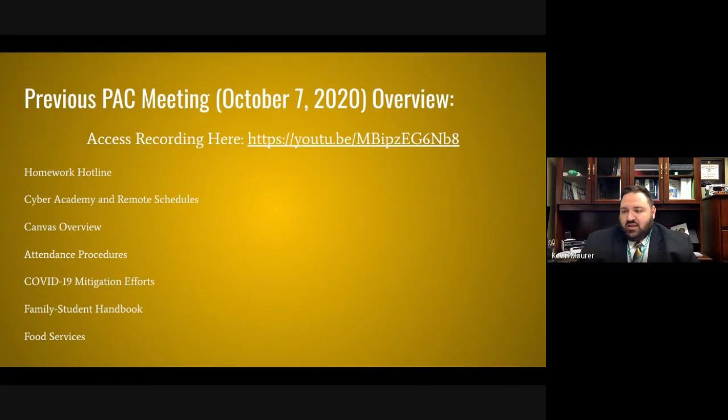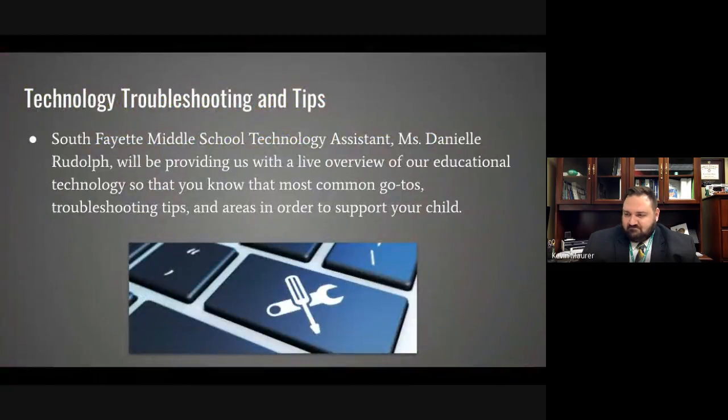We went over the new attendance procedures for this school year, the COVID-19 mitigation efforts that we have embarked on within our schools this year. We also gave an overview of our updated family and student handbook and food services related to everything that we're providing students as far as nutrition and nourishment this year. And all of that can be found on the recording on our website.